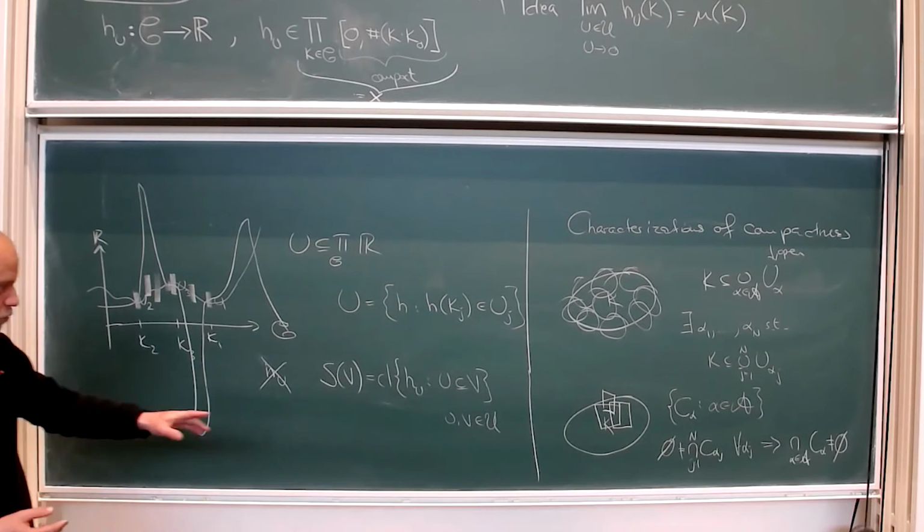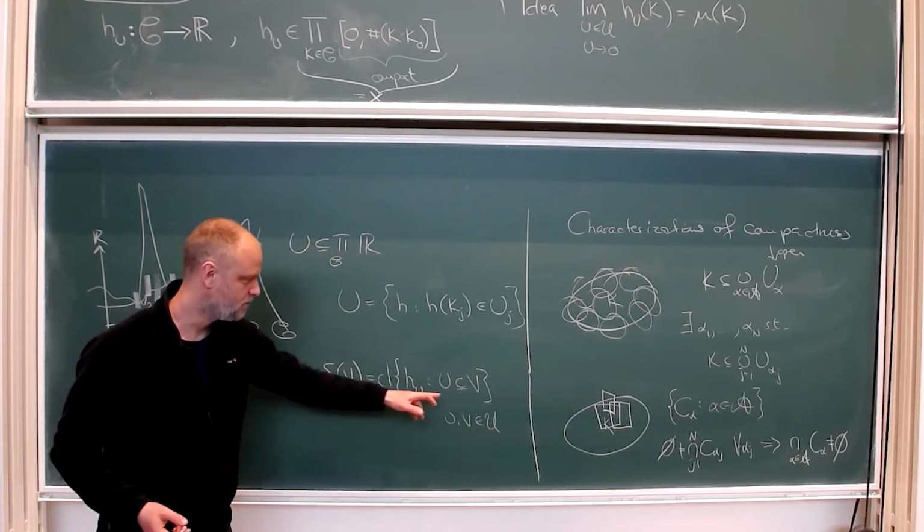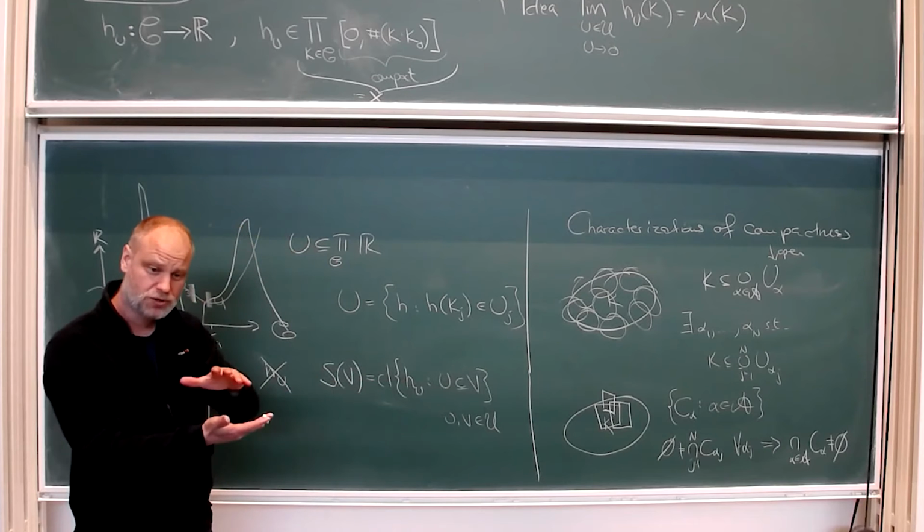Right, so now for each open neighborhood of the identity V, I now get a closed set.